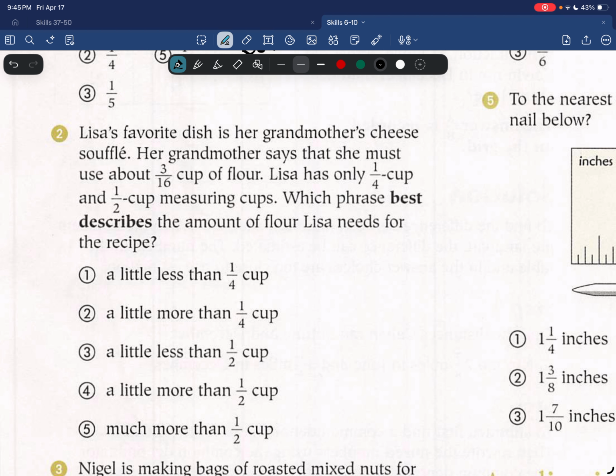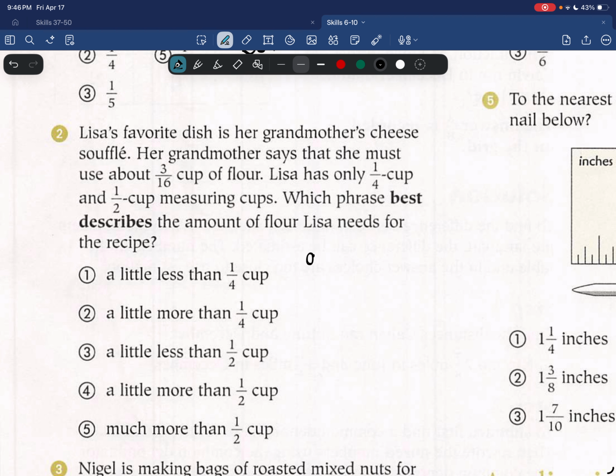Which phrase best describes the amount of flour Lisa needs for this recipe? Would she use a little less than 1/4 cup? A little more than 1/4 cup? A little less than 1/2 cup? A little more than 1/2 cup? Or much more than 1/2 cup?